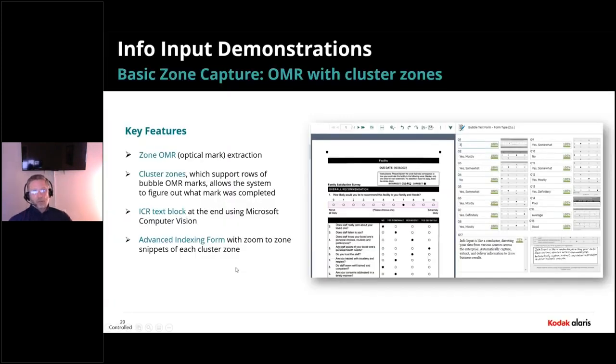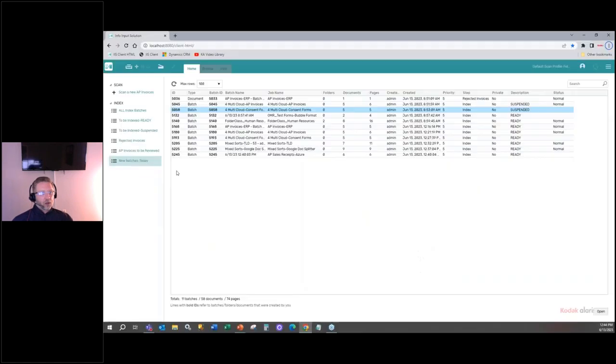One of our biggest verticals is certainly education. So how do we use OMR, optical mark zones, and cluster zones to say, there's 10 choices here, which one of the 10 did you select? At the end, we're also using some natural language processing capabilities with the Microsoft Computer Vision ICR engine to extract the information. This is a quick demonstration.